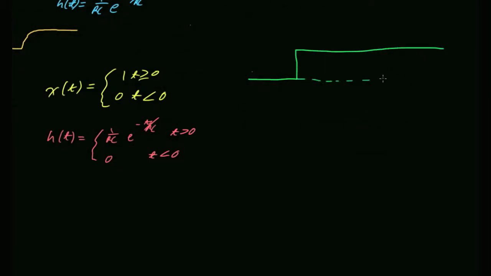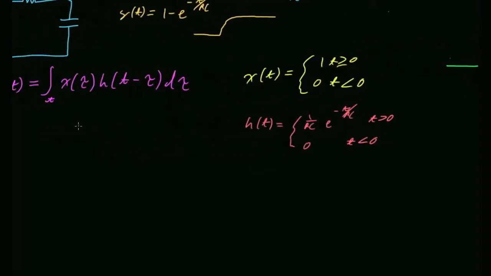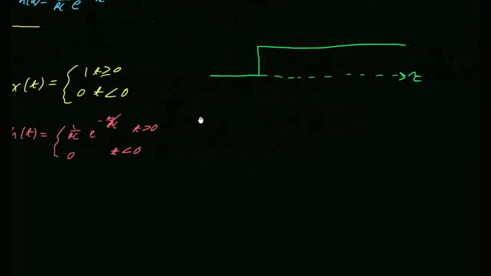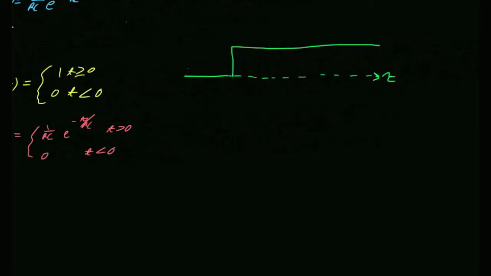Instead of plotting it versus time, I'm plotting it versus tau. Okay, because that's what I want, x of tau. There's x of tau. This is tau equals 0. Are we okay so far? So was your step shifted? No, right? Nope, there's no shift in my step.